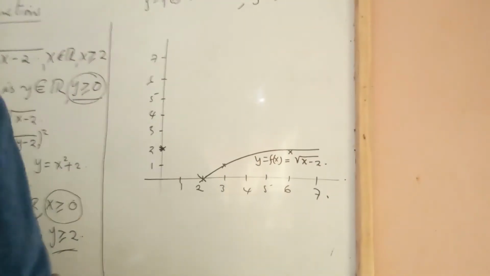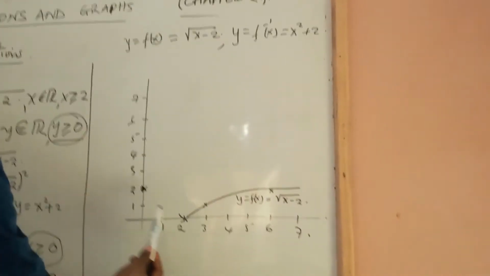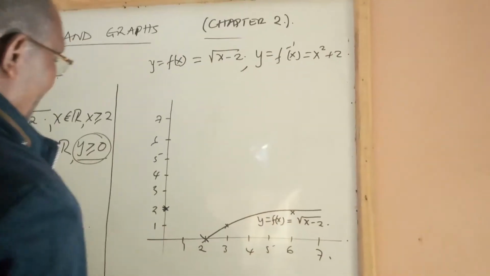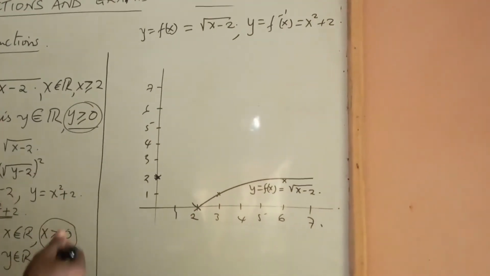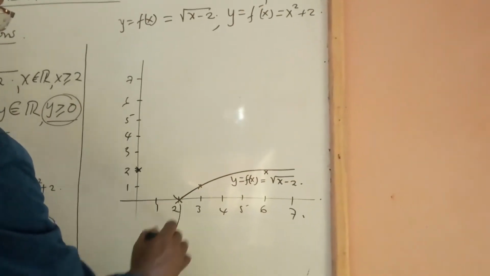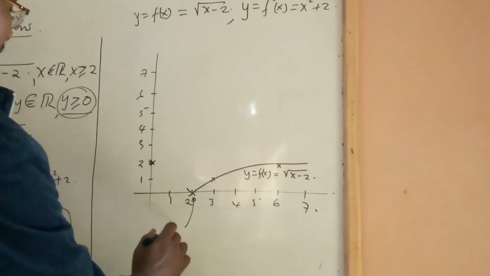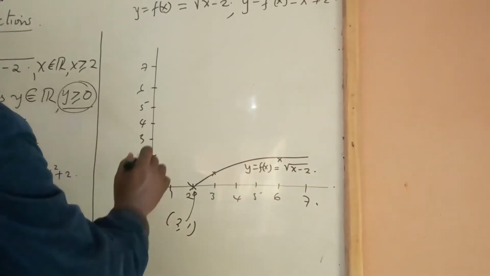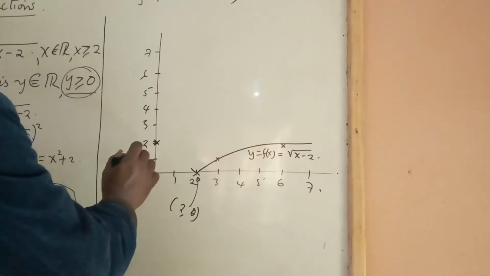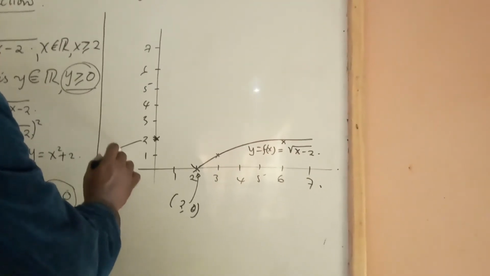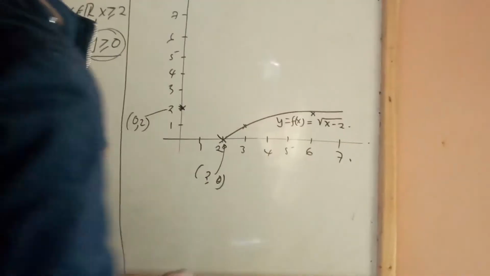I want you to look at this particular point and this point. They are a reflection of each other along a certain mirror line. Don't forget the coordinates of this point are 2, 0, and the coordinates of this point are 0, 2. They have a serious relationship.